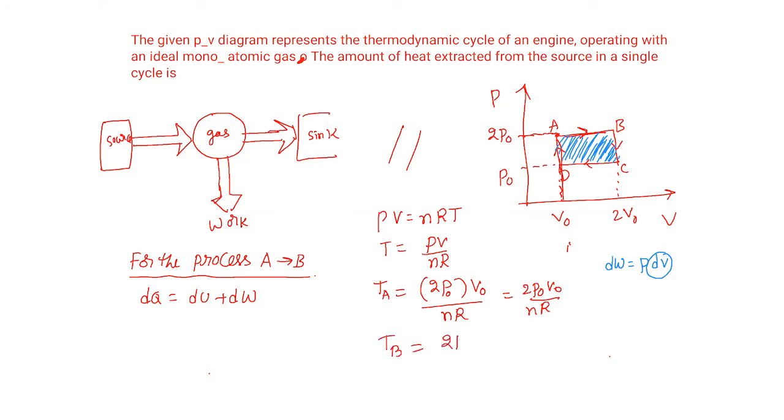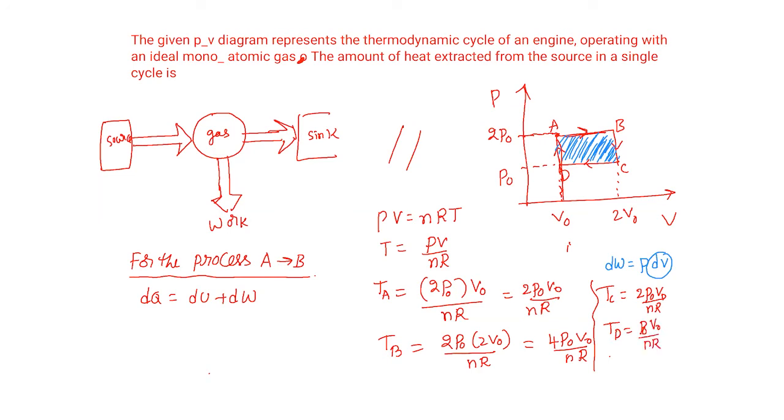Pressure is 2P naught, volume is 2V naught, so 4P naught V naught divided by nR. Like this, you can calculate the temperature at any point. At point C, the temperature is 2P naught V naught by nR. At point D, it is P naught V naught by nR.